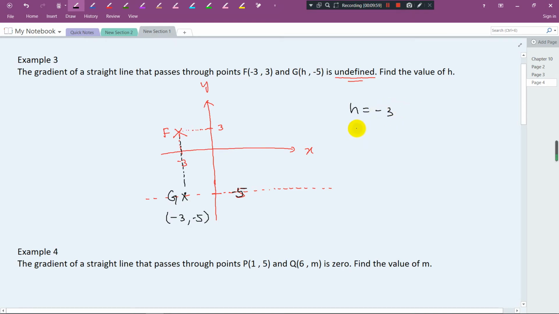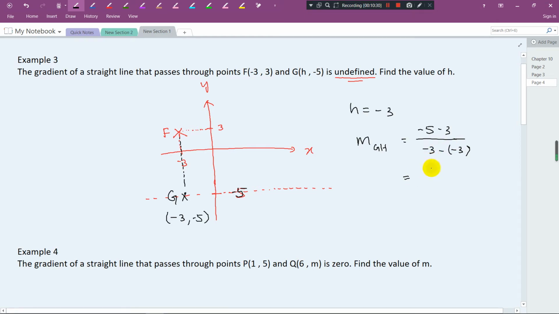So if we want to double check again, we try to find the gradient of this straight line, to see whether we can get undefined or not. Gradient of GH is y2 minus y1, negative 5 minus 3, over x2 minus x1, negative 3 minus negative 3. Remember, you have two negatives here.